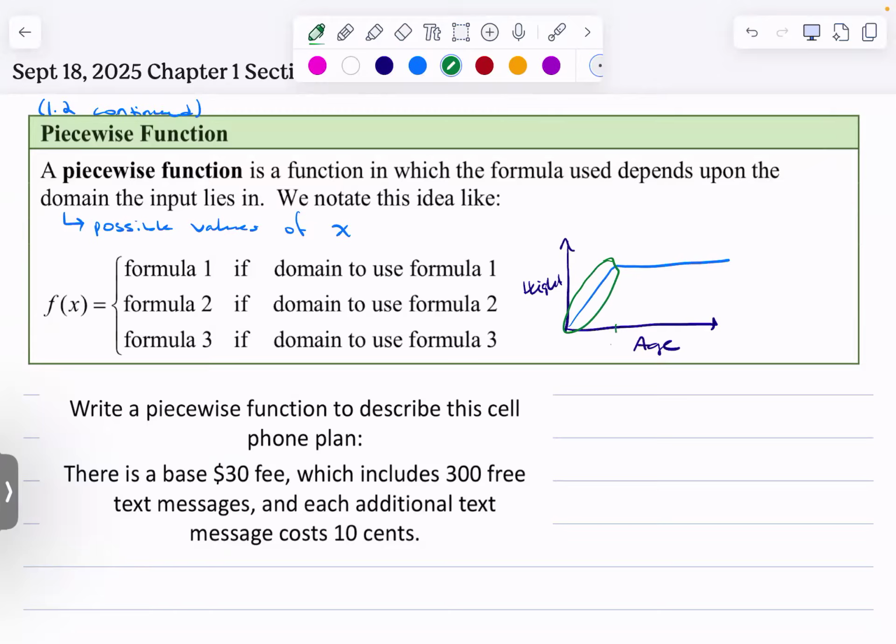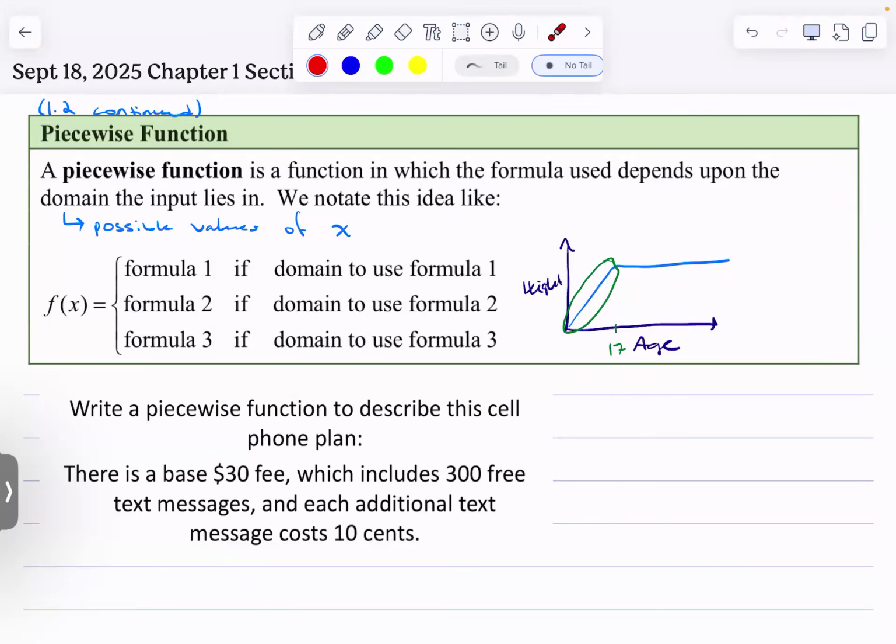I think we landed on roughly 17 or so. For x between 0 and 17, we would have this upward sloping line. We're growing. And then from 17 onwards, we would have basically a horizontal line. And so that would be a piecewise function.